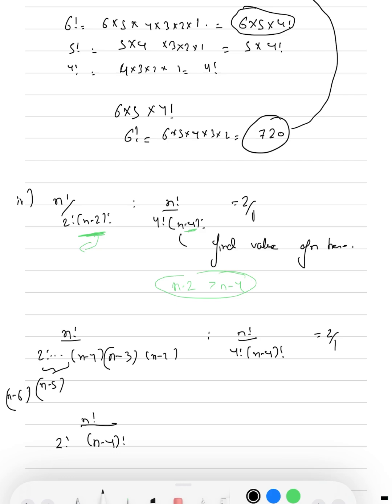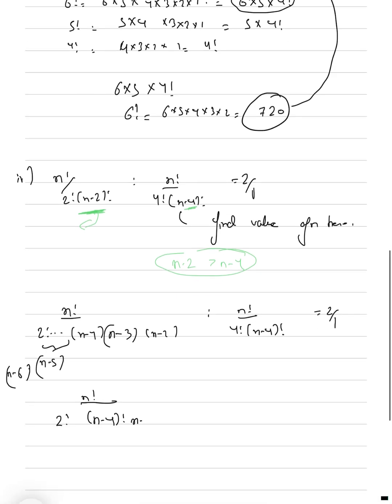Okay, I think I made the point clear. So n minus 4 factorial, and then you have n minus 3, n minus 2. We have what? It is 2. So what do we do? Just reverse this. Factorial 4, n minus 4 factorial upon factorial n is equal to 2 by 1.